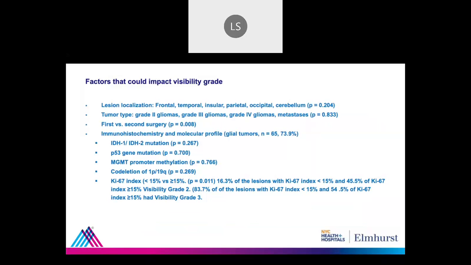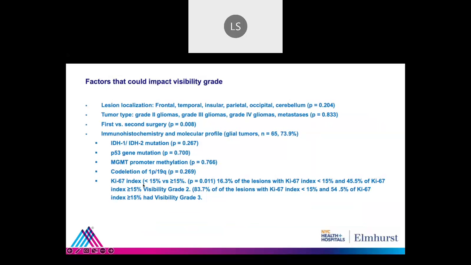And then we also studied the immunohistochemistry and molecular profile of the tumors, just for the glial type of tumors. We studied P53 and all the indexes that we had available, and the only one that was actually significant was the Ki67 index.